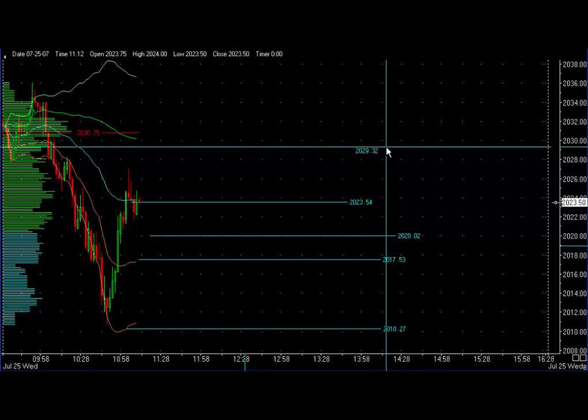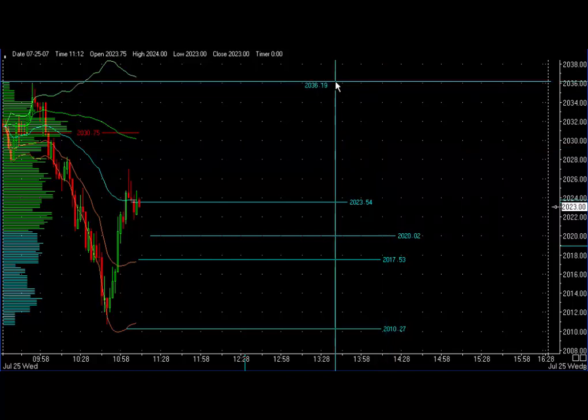They're places where markets tend to pause or slow down before deciding whether they will continue in the same direction or reverse and go in the opposite direction. And you need to know where these HUPs are located on your chart.